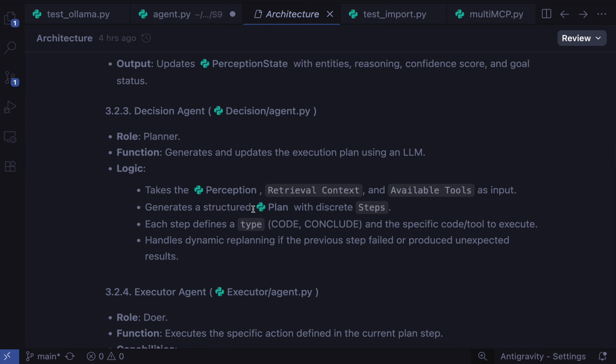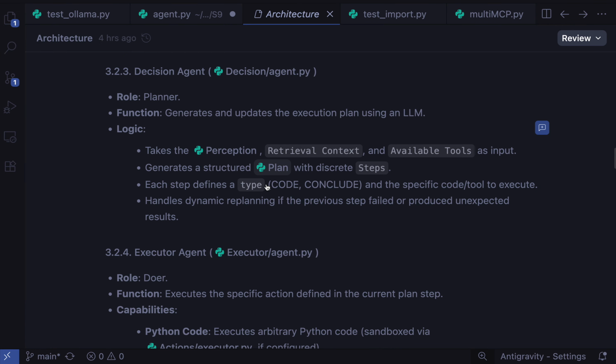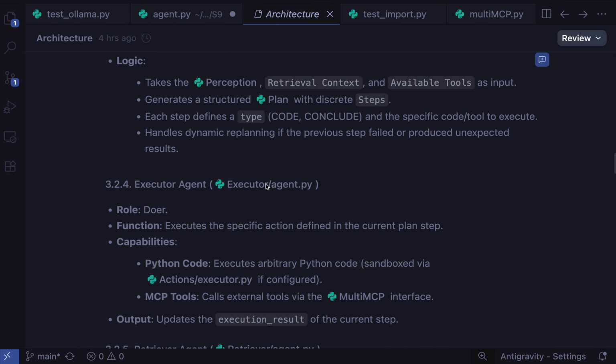Talking about the decision agent, it takes the perception, context and all the tools which are available. It generates a structured plan to achieve the goal, and the plan is either code or conclude. After the planning, it dynamically replans whenever required.